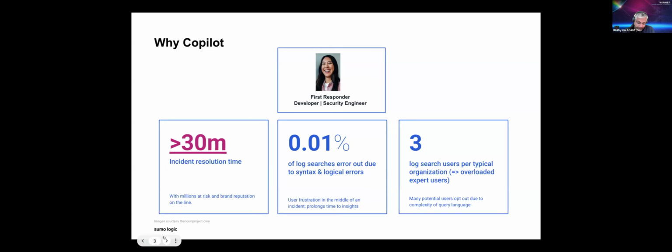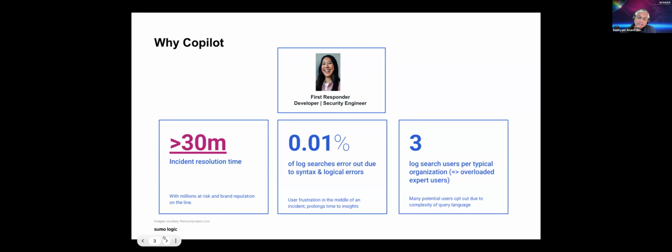If you look at our Sumo Logic customer base, the typical customer has about 3 users of Sumo Logic, but there could be hundreds or thousands of potential users within that organization that could benefit from it. During application and security incidents, these three experts get overloaded, because they are the only ones who have expertise in Sumo Logic. In a crisis, everyone points to these three individuals to get the help they need for troubleshooting and investigation.